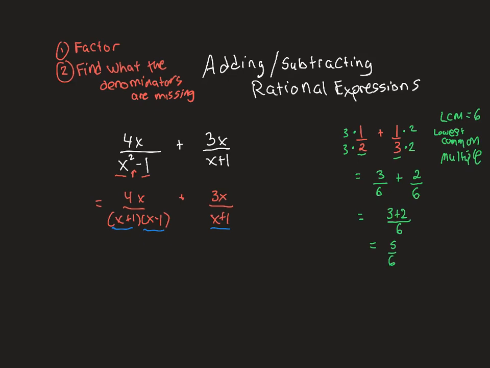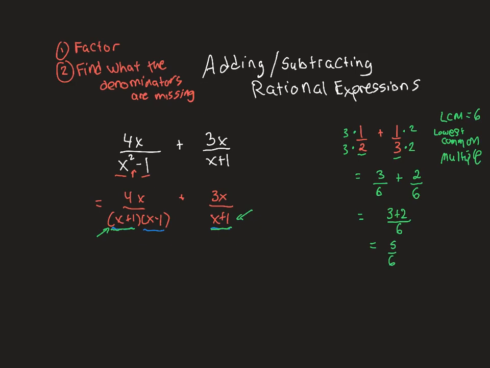So what do I mean by what they're missing? Well, this one has x plus 1. This one also has x plus 1. So I'm going to put a green one here because they both have x plus 1.